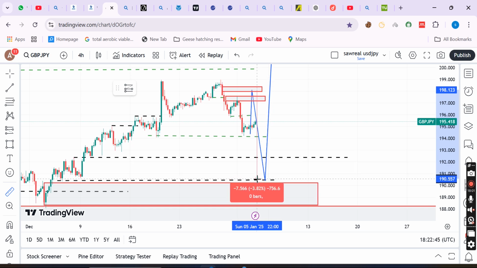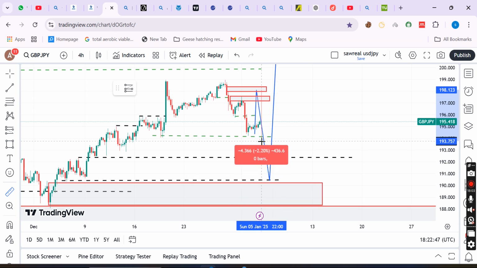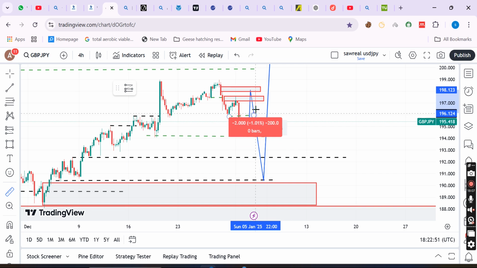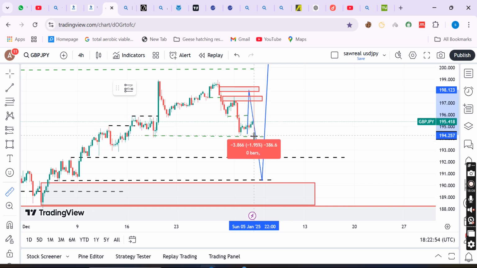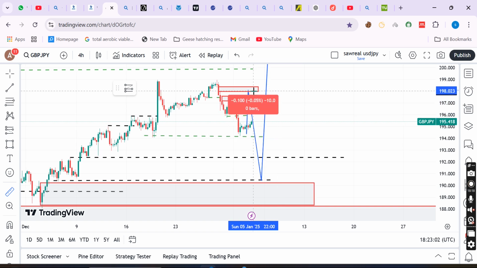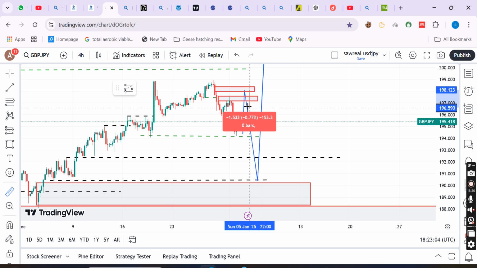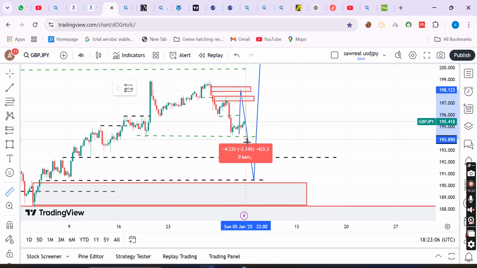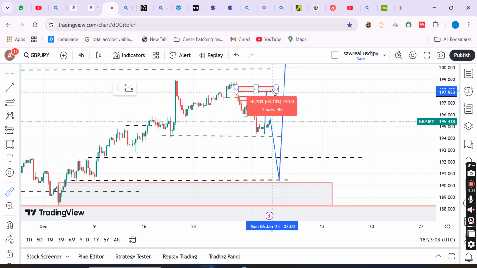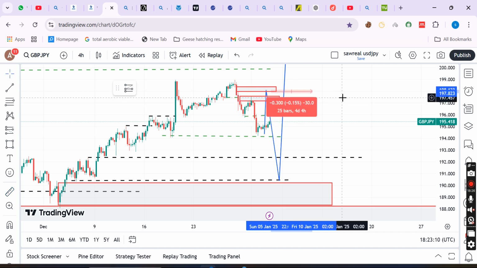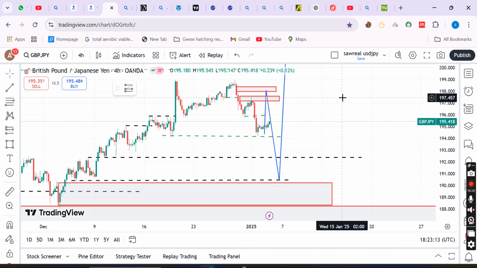Further down, that's 756 pips. But at least the push to the upside to this immediate low, that's like 393 pips, if it gets to this highest fair value gap area. It can also just come to the second area and then sell from there. So there is a lot of pips to grab this week on GBPJPY.